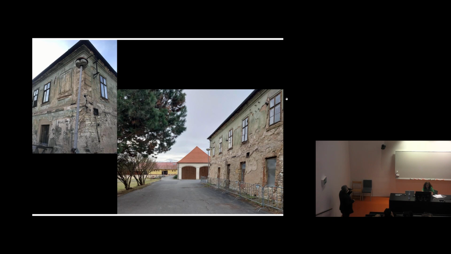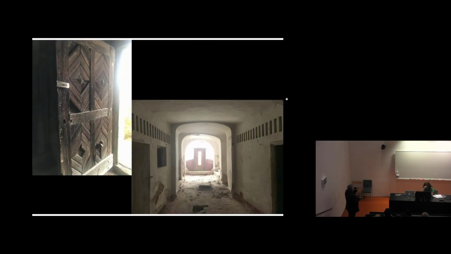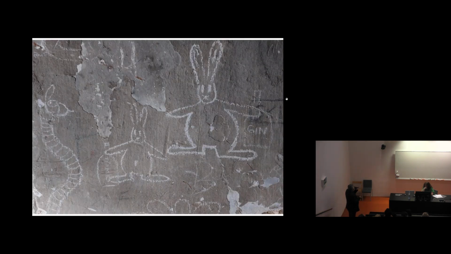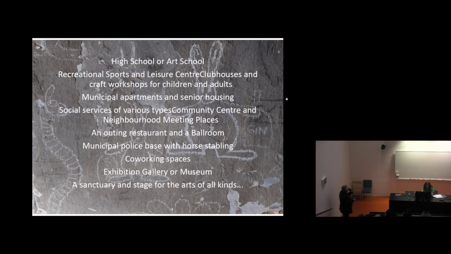The place looks like that, but besides that, there are some newly reconstructed parts. This is the old garage for horse carriages, but the rest is in a very bad state. What are we going to design here? It can be a high school or art school, and everything else what you can see here.